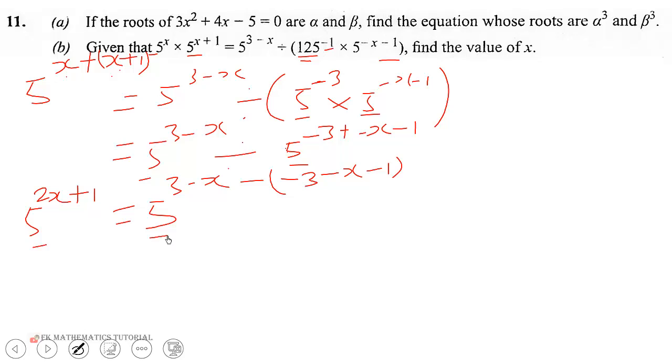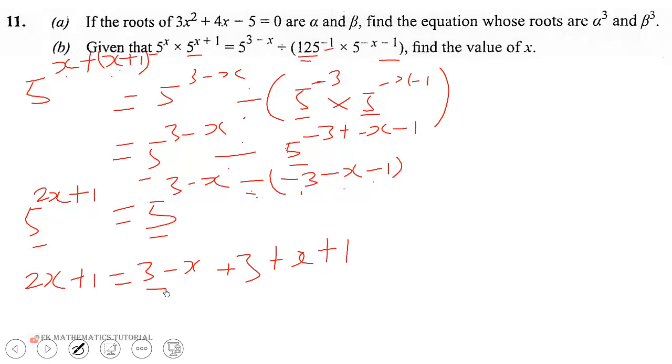So the bases are the same, we can equate the exponents now. So we have 2x plus 1 is equal to 3 minus x minus, so minus negative becomes positive 3, then this and this becomes positive x, and this becomes positive 1.